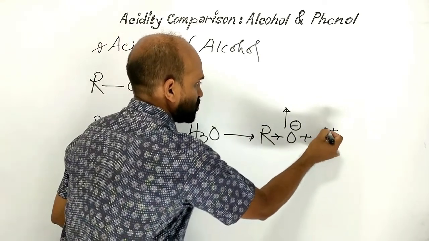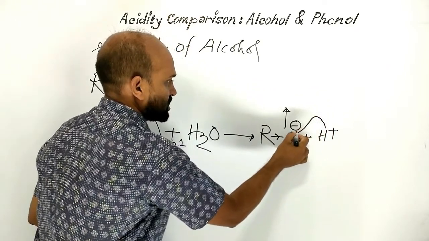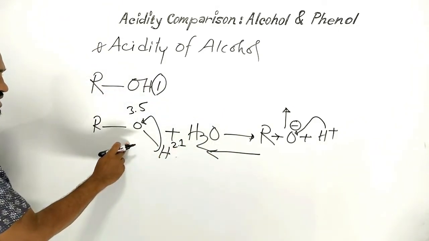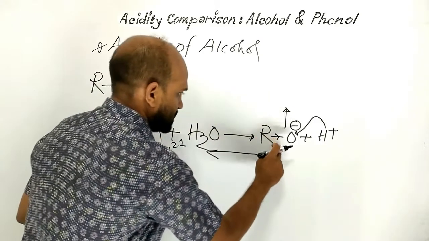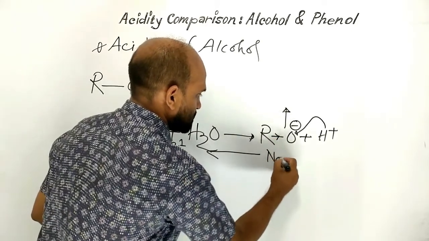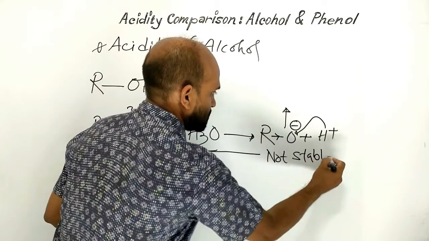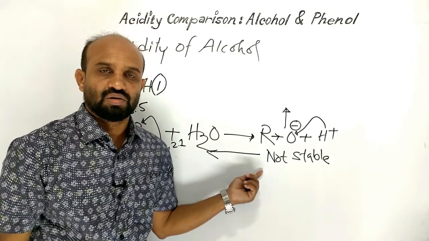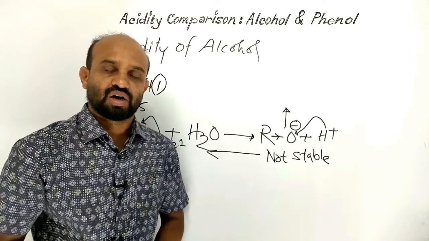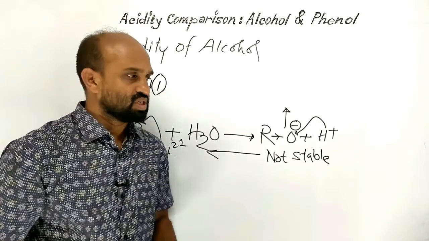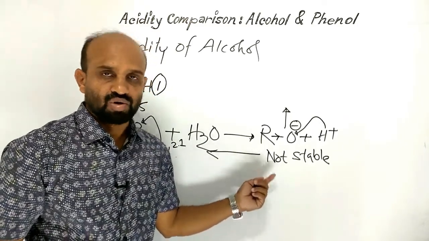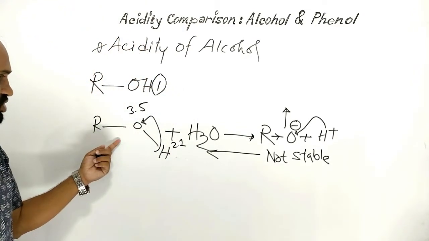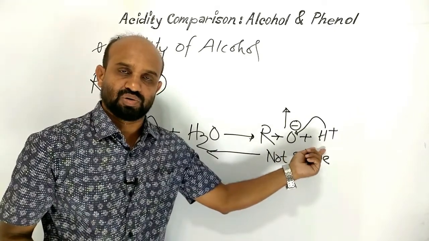So this proton again combines with this alkoxide ion to form the alcohol molecule. So this alkoxide ion is not stable. That is why the alkoxide ion cannot remain free after donating proton. Because of its instability, alcohol cannot act as acid because alcohol actually cannot produce proton.